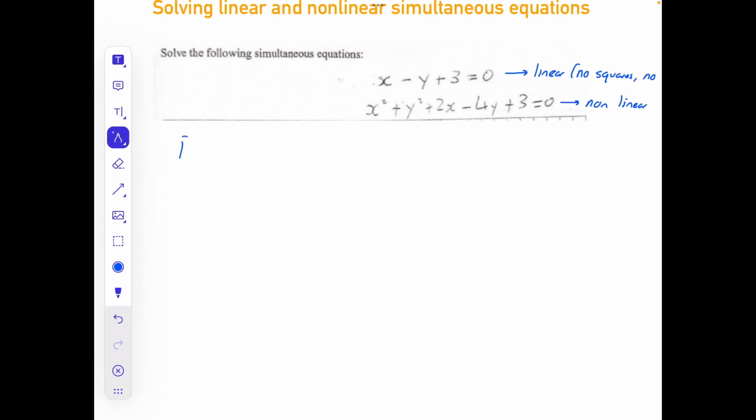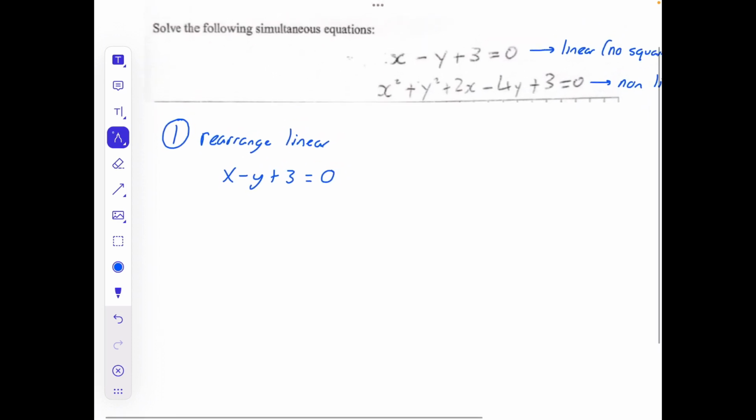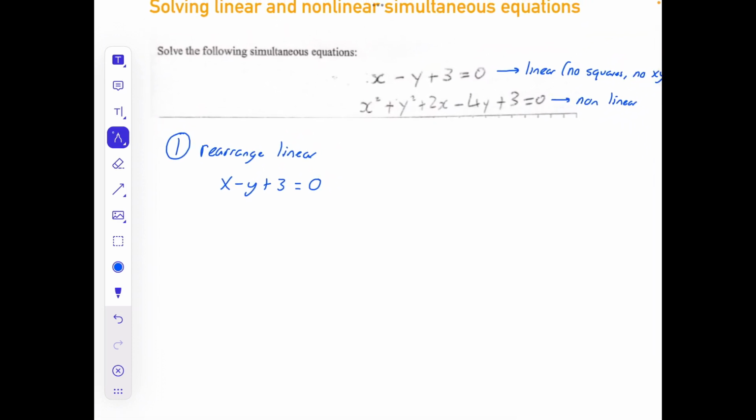Okay, our real step 1 then, what I'm going to call step 1, I'm going to rearrange my linear. So we currently have x minus y plus 3 is equal to 0. Now, when I rearrange it, I want either the x or y on its own. So I want x equal to something or y equal to something.